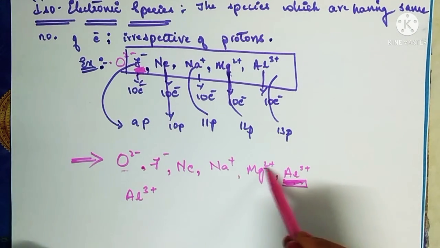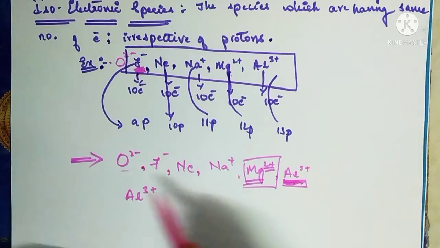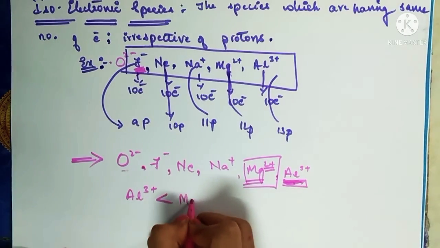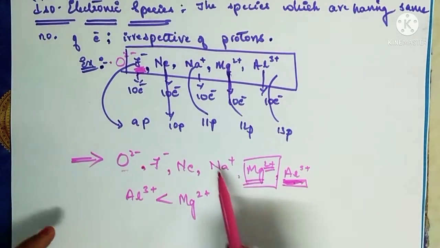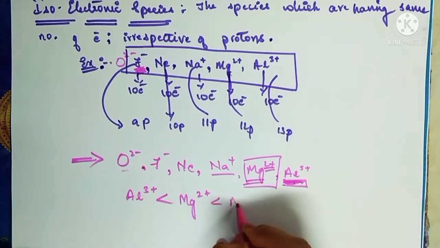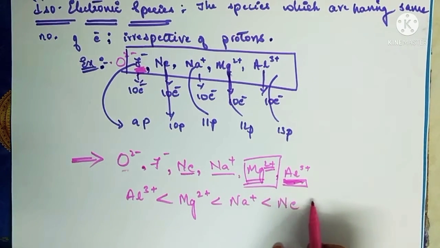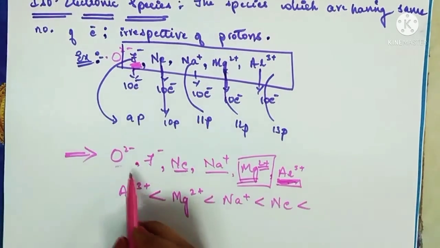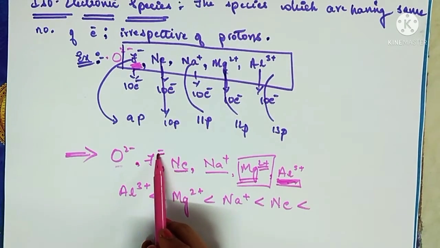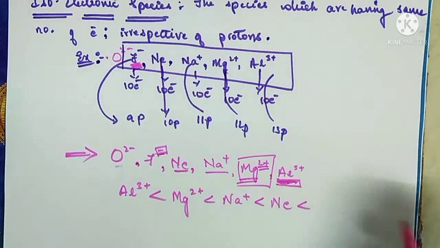And the next is Mg, which has 2 plus charge. So the next one is Mg2 plus. And next is Na plus. And next is the neutral atom. And next is the anion. Here fluorine has the least charge, that is 1 minus.